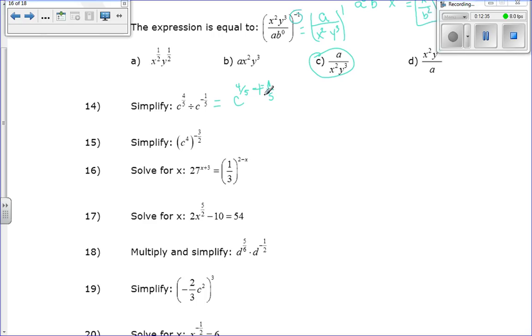Minus a negative becomes plus, so negative 4/5 plus 1/5 is c to the 5/5, which is just c to the first power, c.